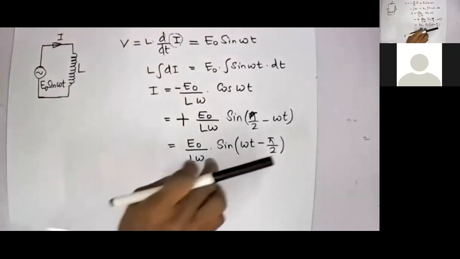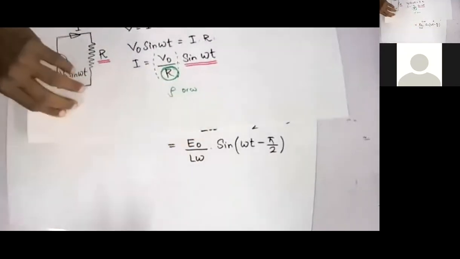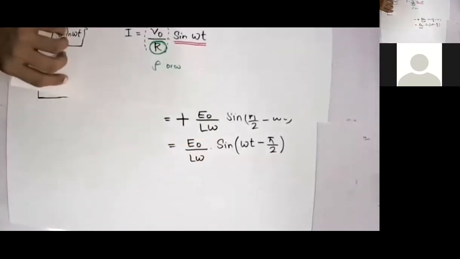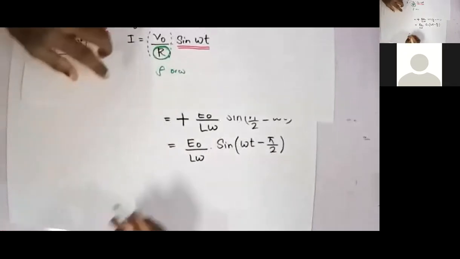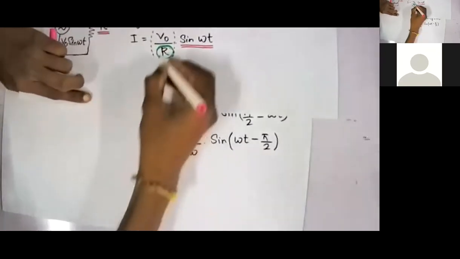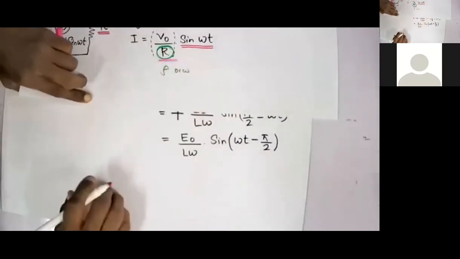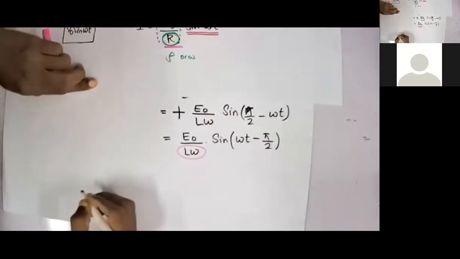Now compare this one with your resistance equation here. Just tell me whether you can see the letters or not. So this is your resistive equivalent, and here we have L omega.